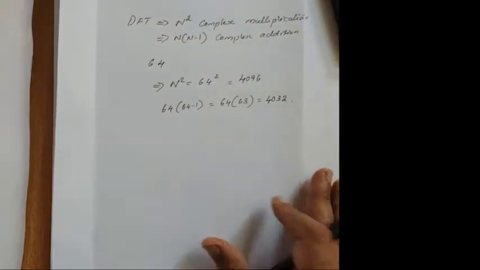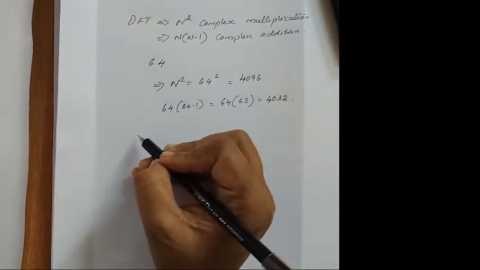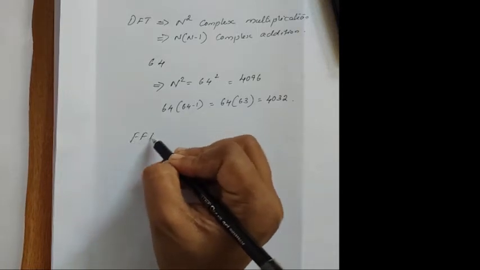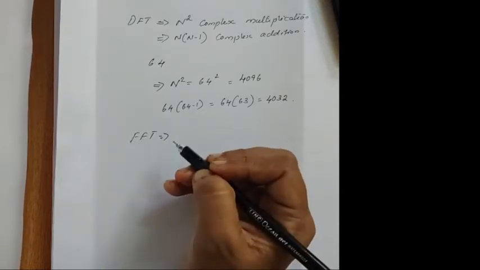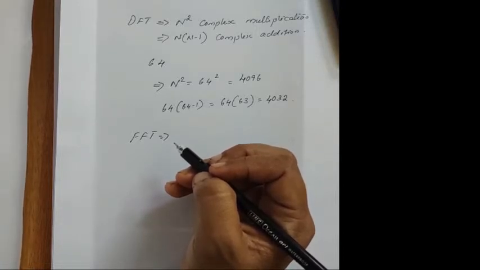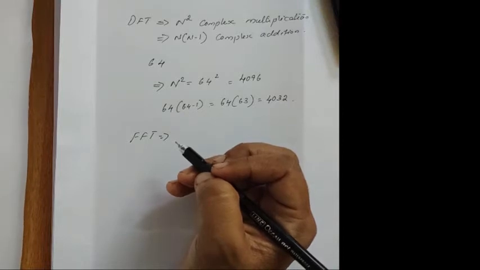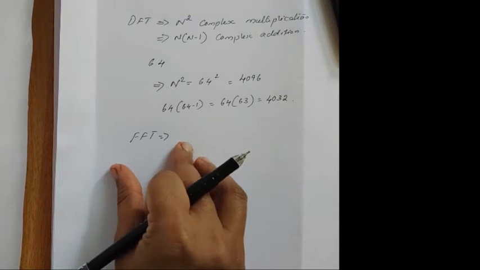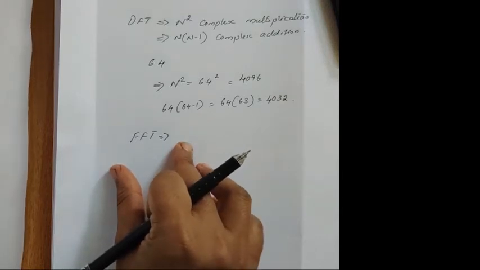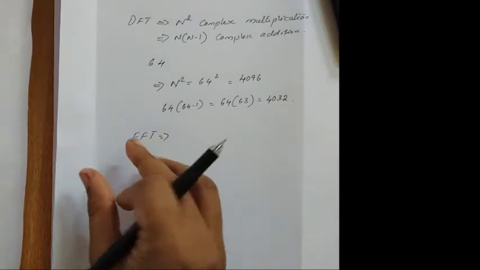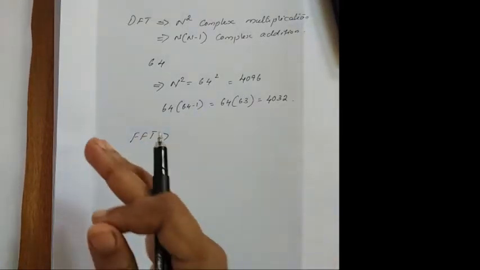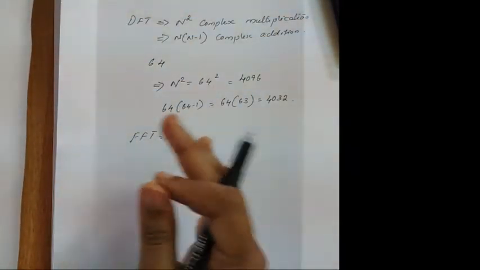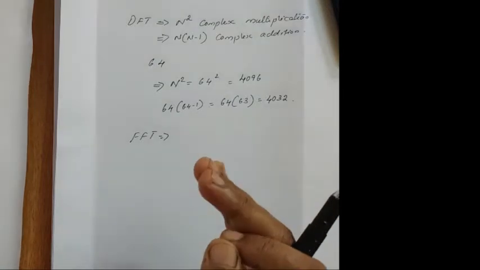When you go for a fast Fourier transform, the main advantage is that it is used to reduce the computation time needed for computing a discrete Fourier transform. Each and every time you have to find the cos and sine value of each and every variable, isn't it?